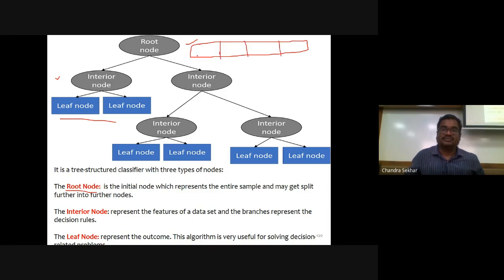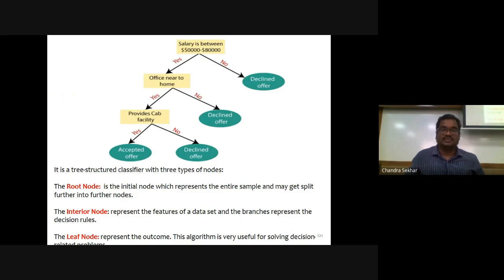So based upon the features, this is a row. Based upon the features, the root nodes will be filled with the feature values, and these leaf nodes are filled with the label values. So features and labels. Based upon the feature, we move from root to interior, interior to decision node or the leaf node.